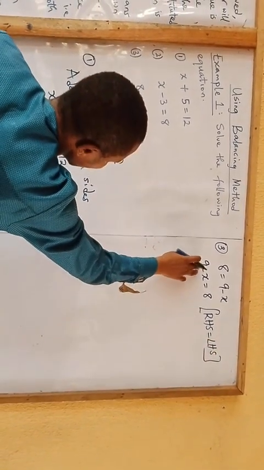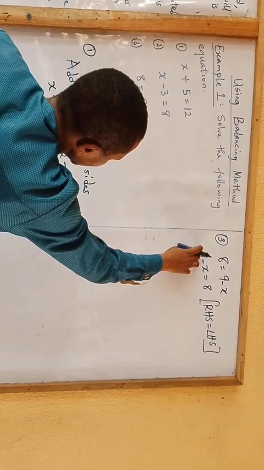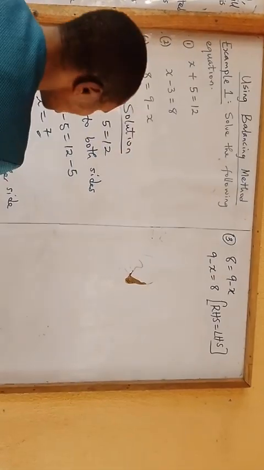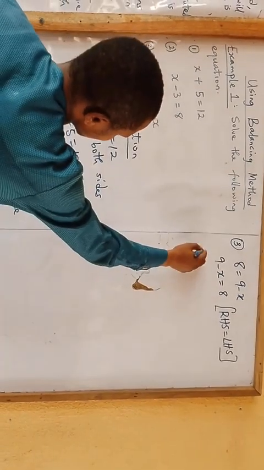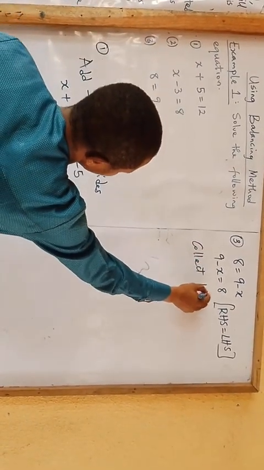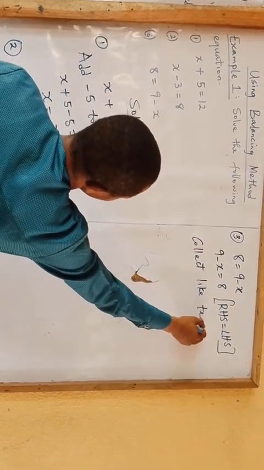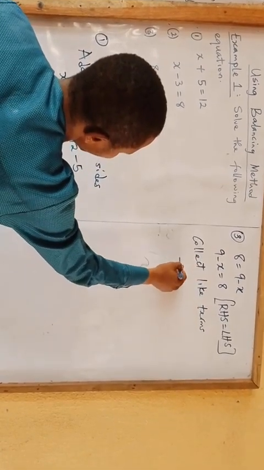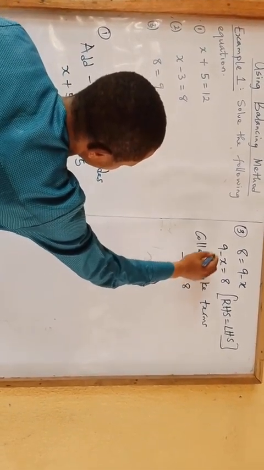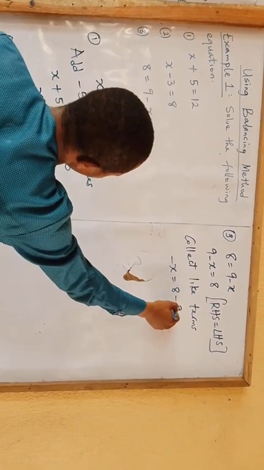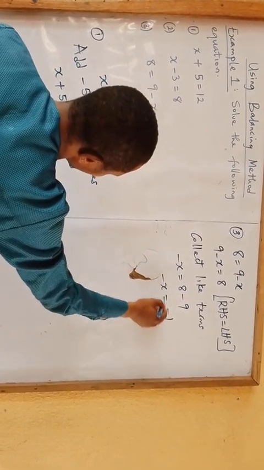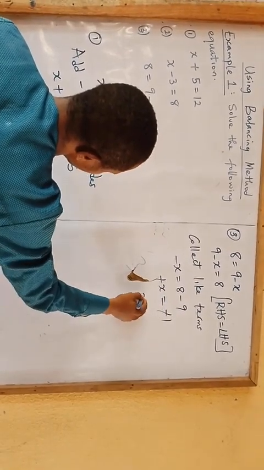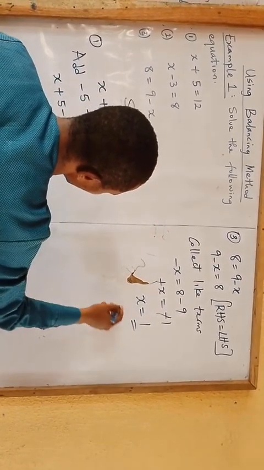By the time I take this 9 to the other side, the step to take is to collect like terms. So I'm going to have minus x is equals to 8. By the time 9 goes to the other side of the equation, it becomes minus 9. Minus x will give me 8 minus 9, which will give me minus 1. So the minus signs will eliminate each other here, and x is equals to 1.